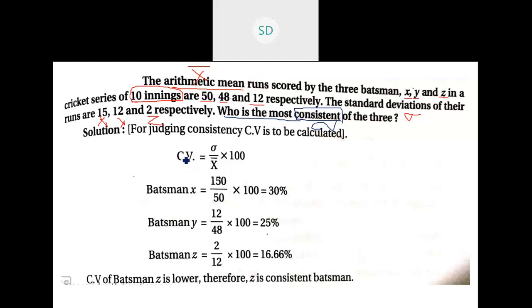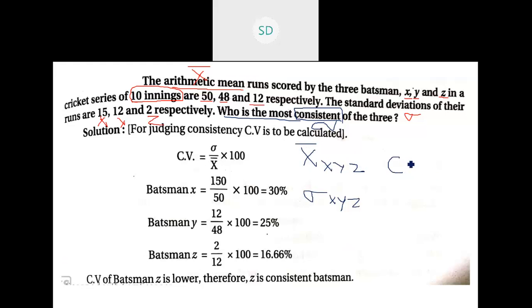Now here we are calculating CV. What data do we have? We have X bar given for X, Y, and Z, and we have standard deviation given for X, Y, and Z. Both pieces of information are given.